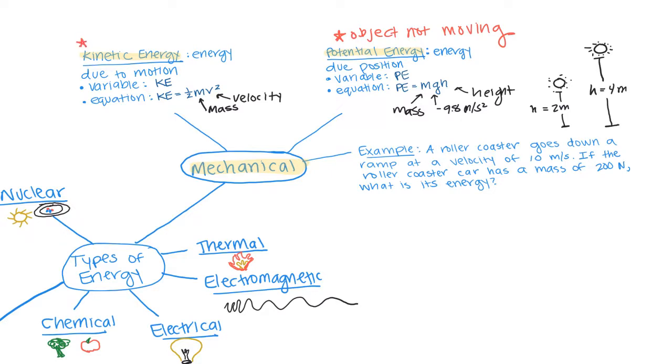Once that object starts moving, that's when the energy of the object becomes kinetic. So again, kinetic energy only refers to objects that are moving. Potential energy, that object is not moving.